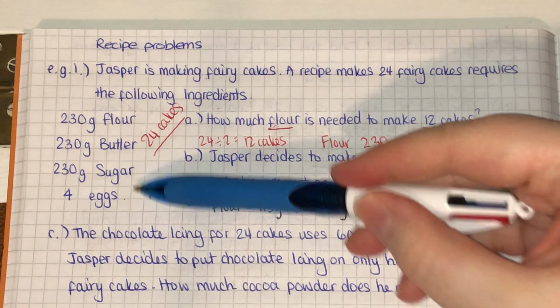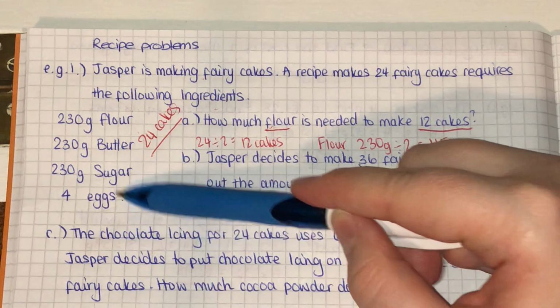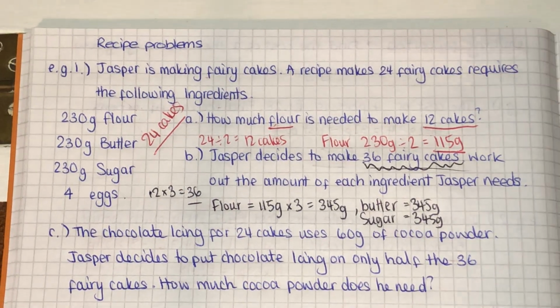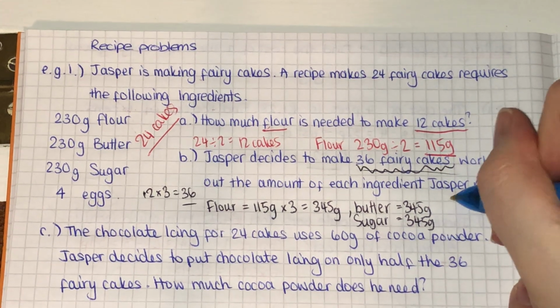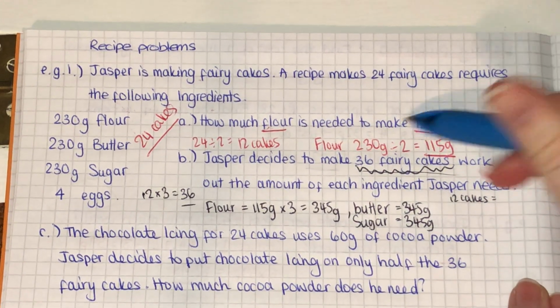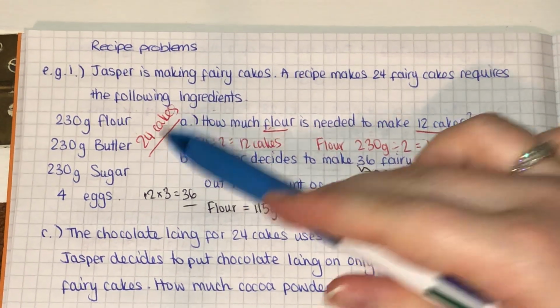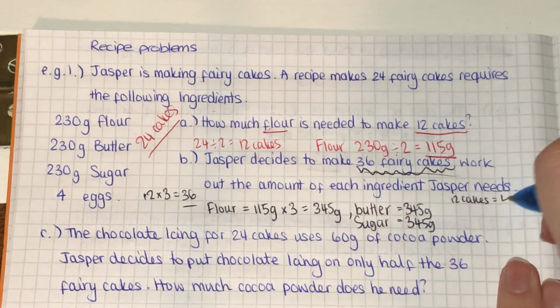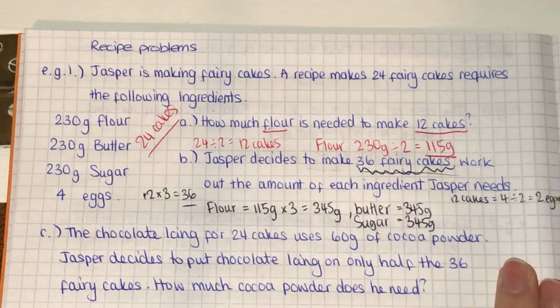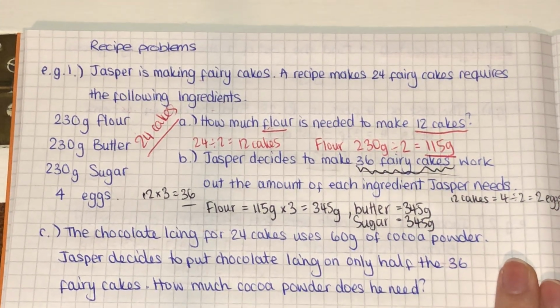So we need 4 eggs for 24 cakes. So we need to work out how many eggs we need for 12 cakes. So 12 cakes, as we said here in part A, that's half of the 24, which means you also need half the number of eggs. Okay, so we're going to need 2 eggs to make 12.